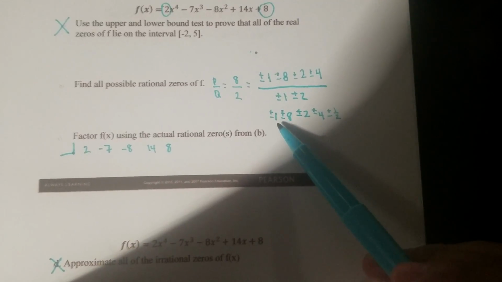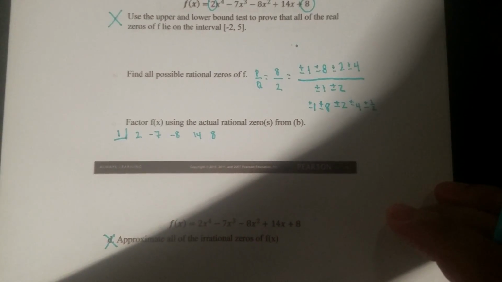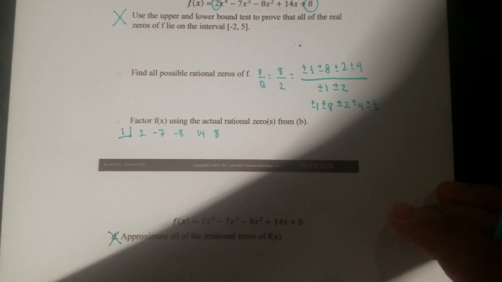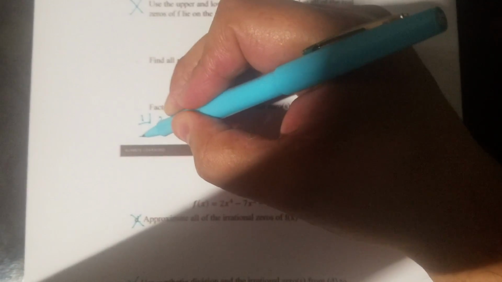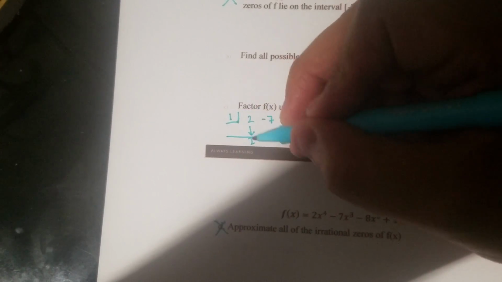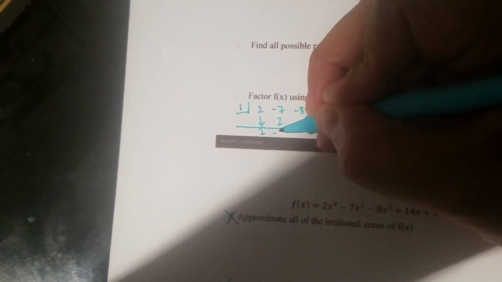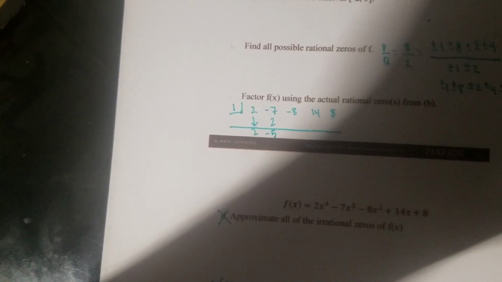So I'm going to start with a positive 1. So I'm going to divide by positive 1. This number is always going to come down. The first one always comes down. And now I want to multiply. 2 times 1 is 2. So then I'm going to add negative 7 plus 2 is negative 5.